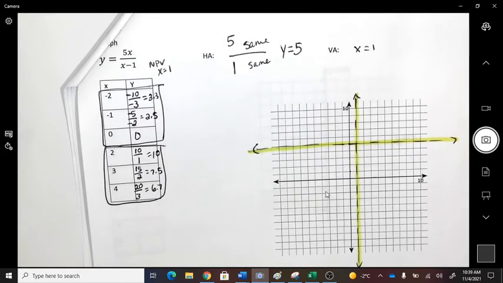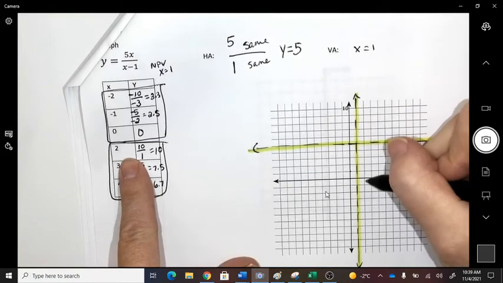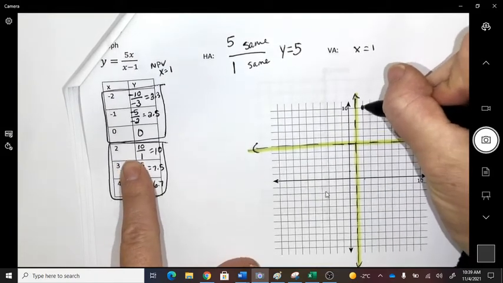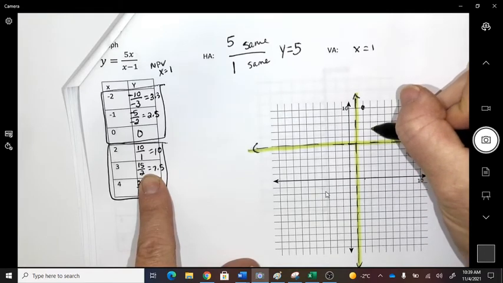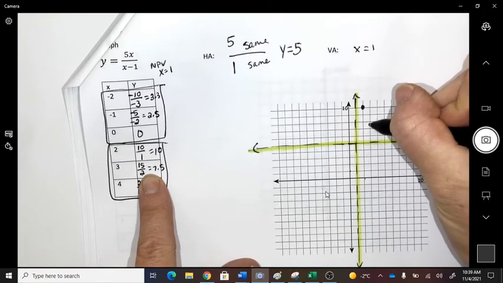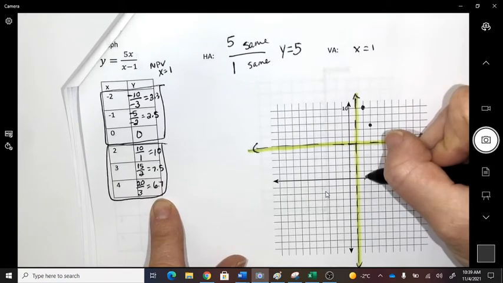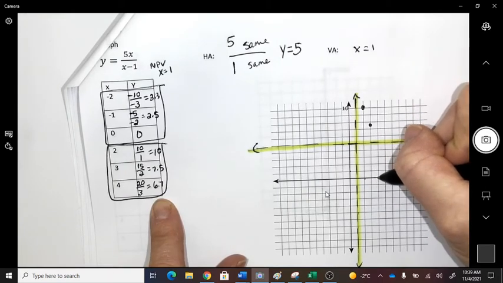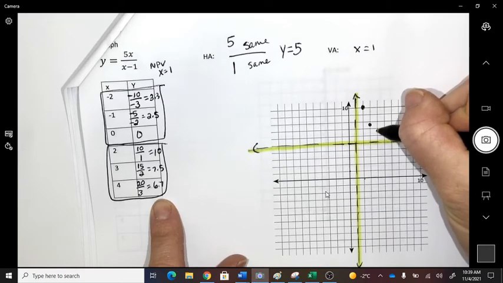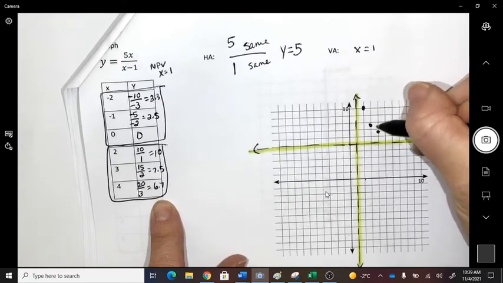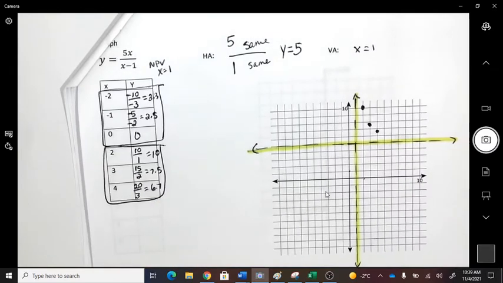So I'm going to plot and fill in. So I'm going to start here at 2, 10, 3, 7.5. So I did the right-hand side.